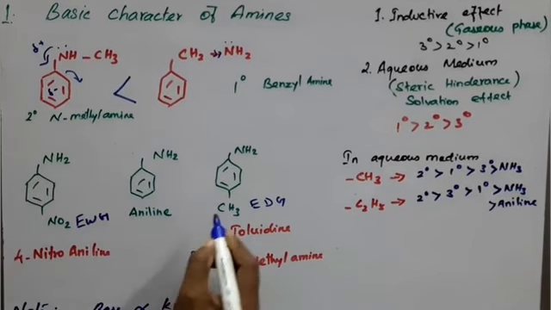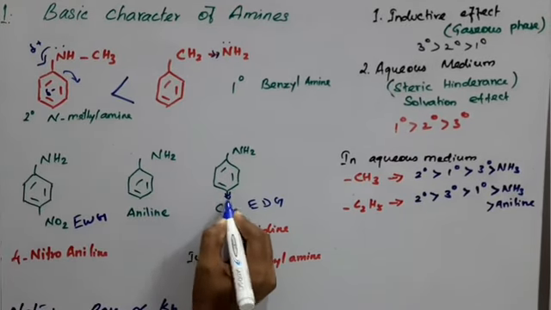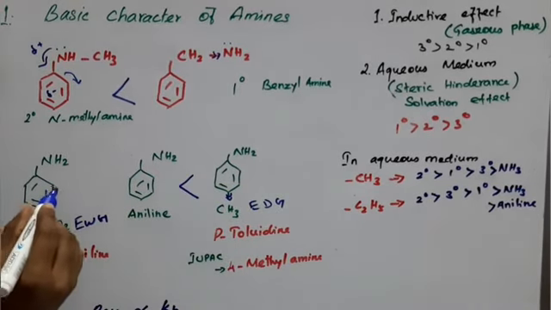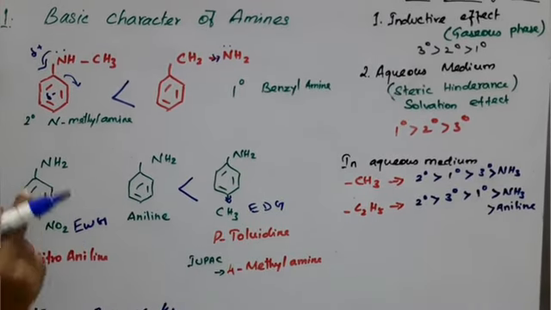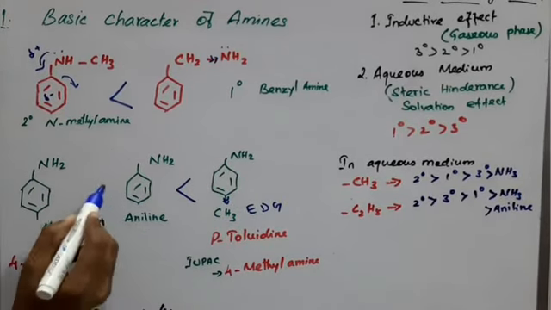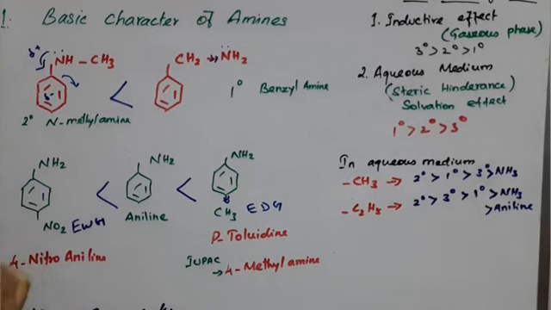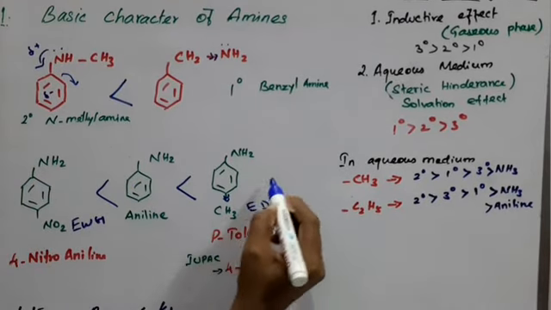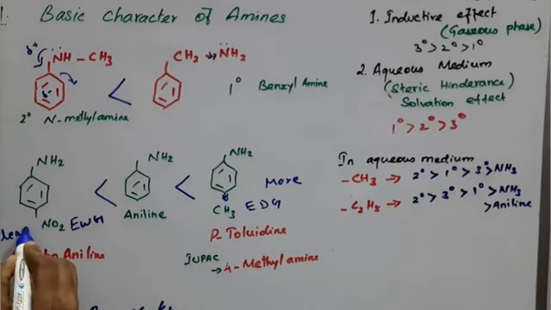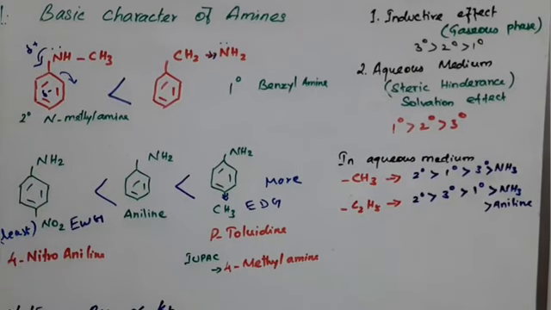So the donating group has the maximum base character. The withdrawing group decreases the electron density on nitrogen, while this one increases the electron density on nitrogen. So this is in between, this is the least available, and this is the most.